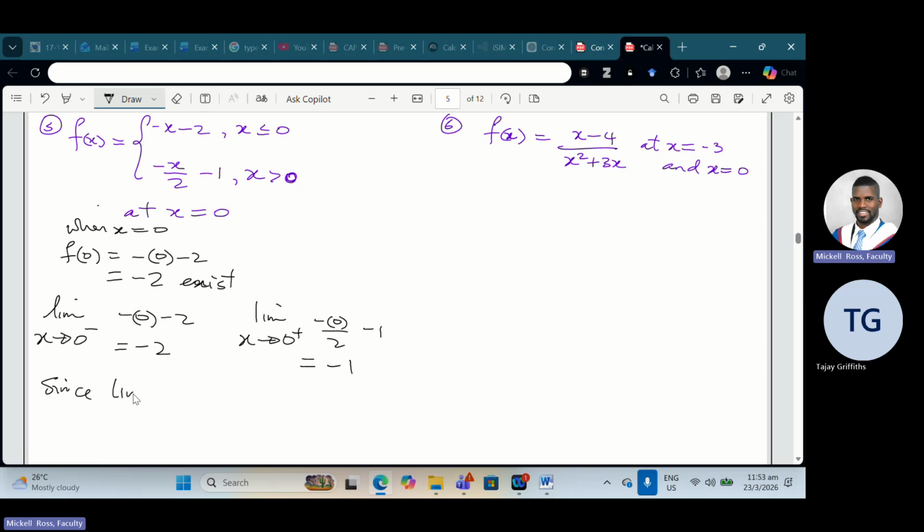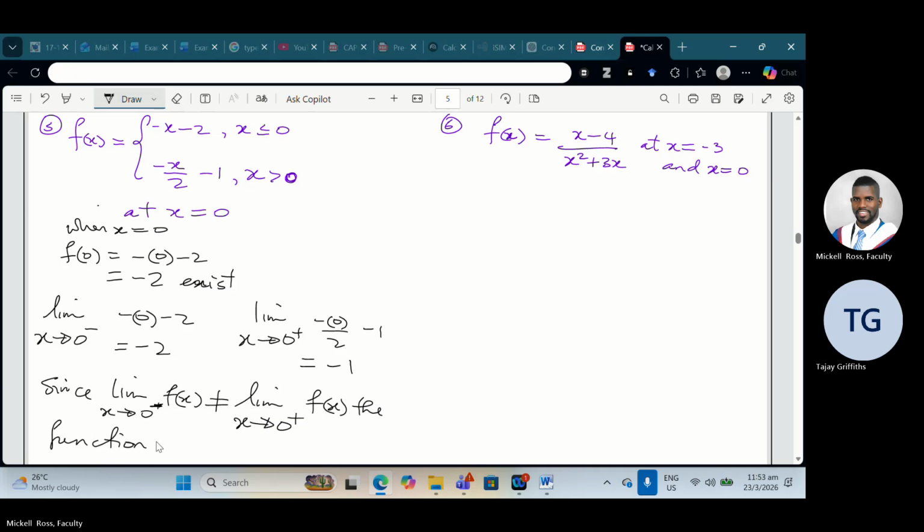Since the limit as x approaches 0 from the left-hand side of f of x is not equal to the limit as x approaches 0 from the right-hand side of f of x, the function is not continuous.